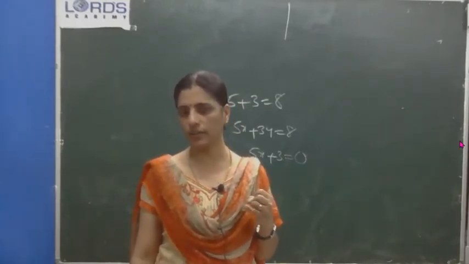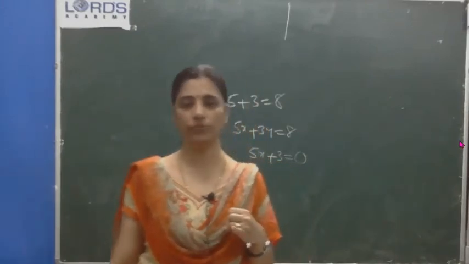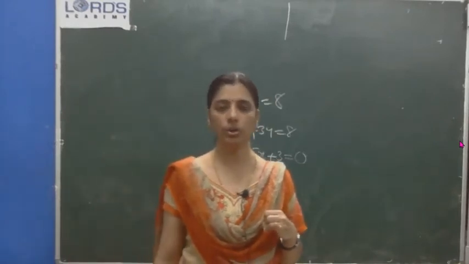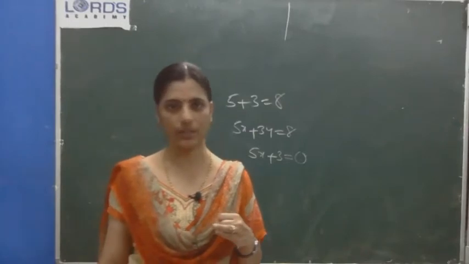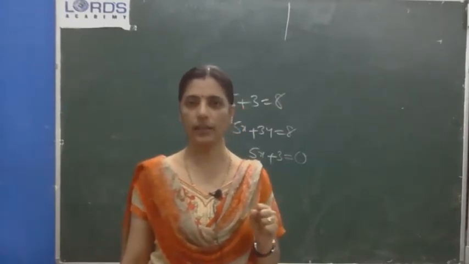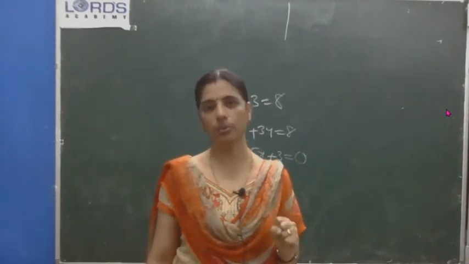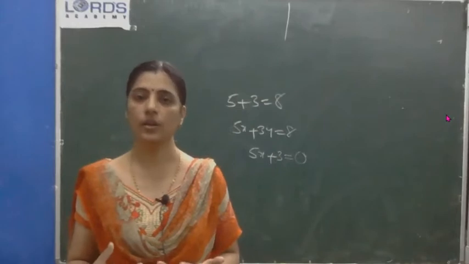Either we can call the answer as root of the equation, otherwise we can call solution of the equation. Two names are there. After solving, what you are getting, that is known as solution.